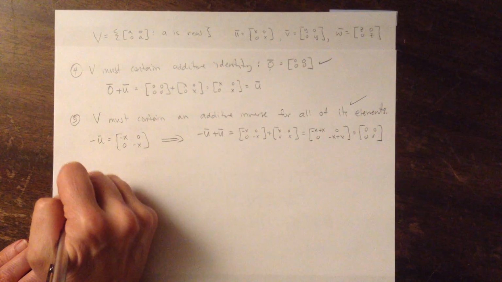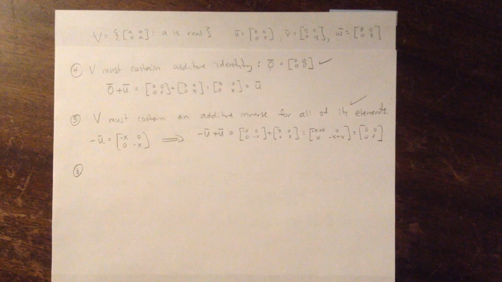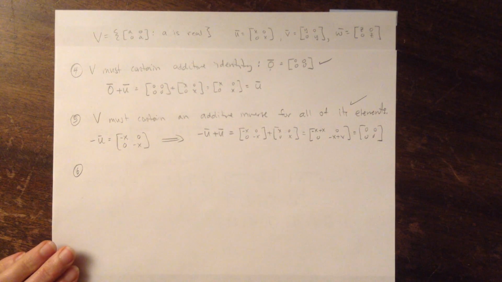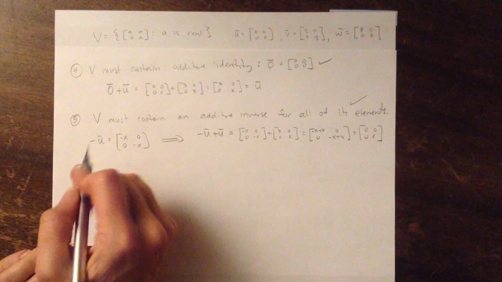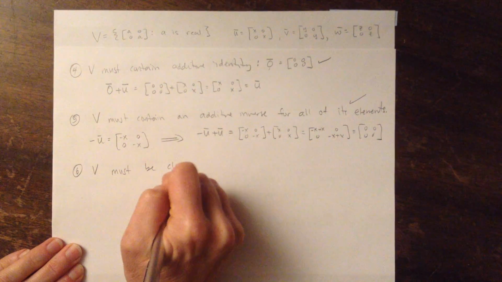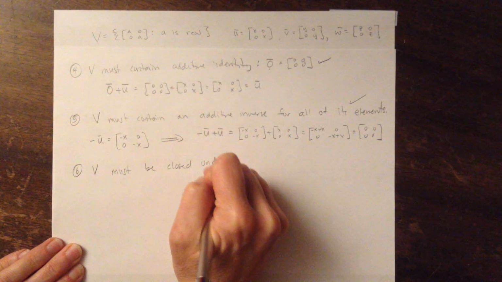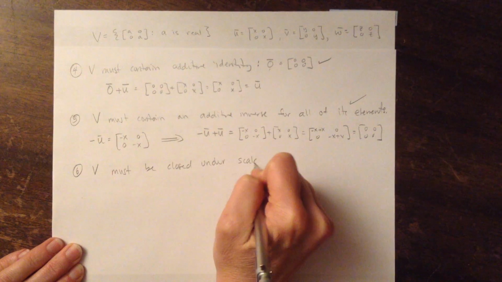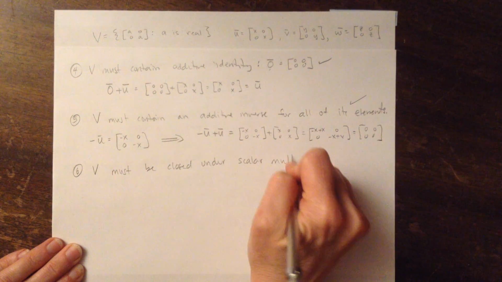Then, when you get to axiom 6, we're starting to get into the scalar multiplication axioms. So scalar multiplication, if you remember from earlier in the semester, when you multiply a vector times a scalar, you're multiplying a vector times a real number. So V must first of all be closed under scalar multiplication.